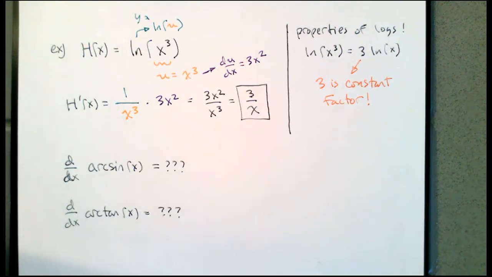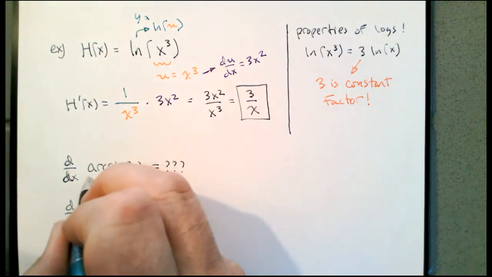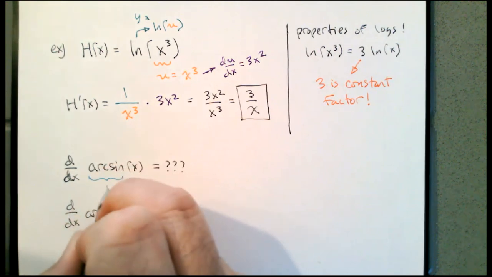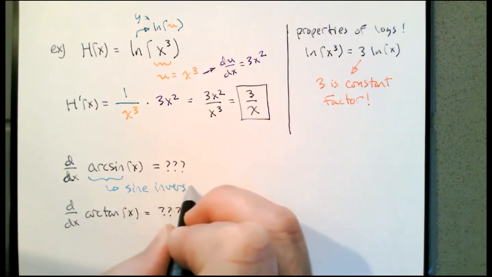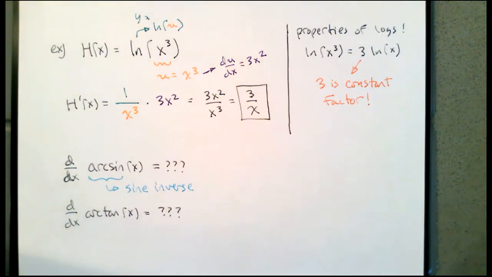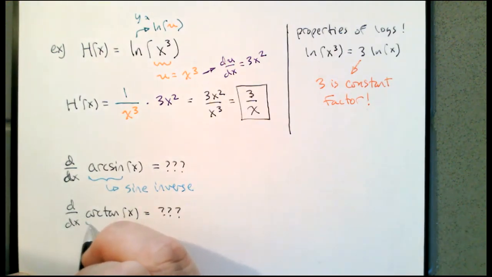Arcsine and arctangent are inverse trig functions. Arcsine is the sine inverse. Sometimes this is written as sine to the -1, but it doesn't mean sine raised to the -1 power. It doesn't mean the reciprocal of sine, it means the inverse of sine, the function inverse, not the multiplicative inverse. Arctangent is the inverse tangent.